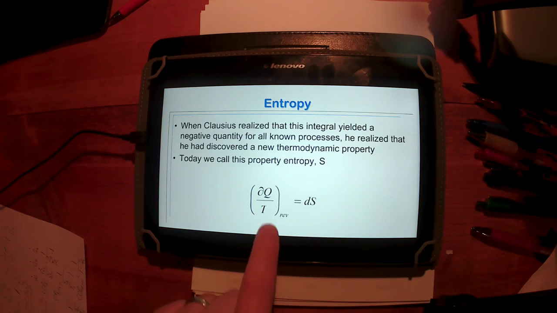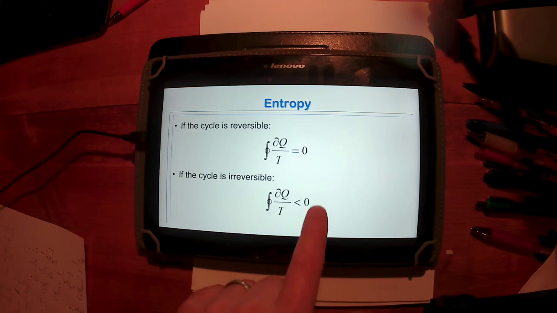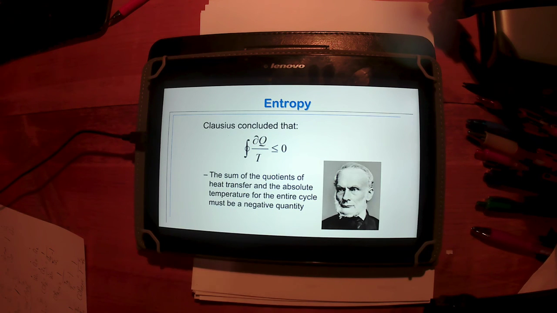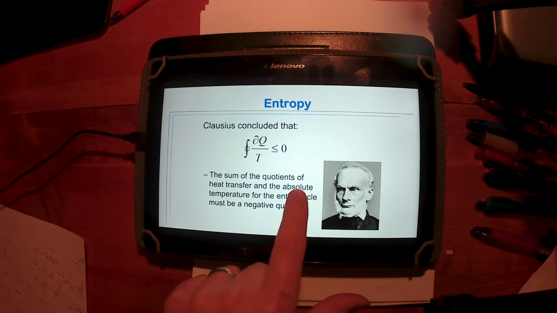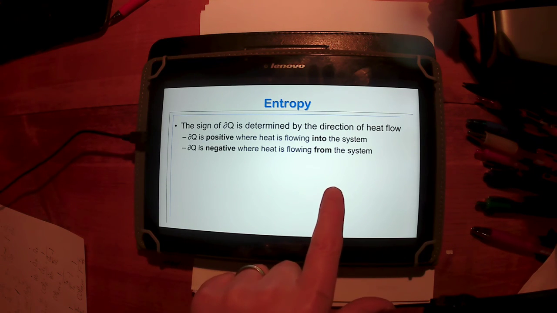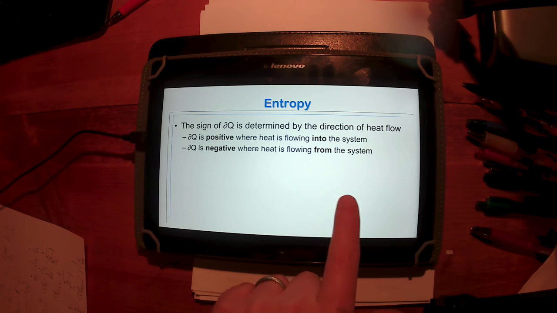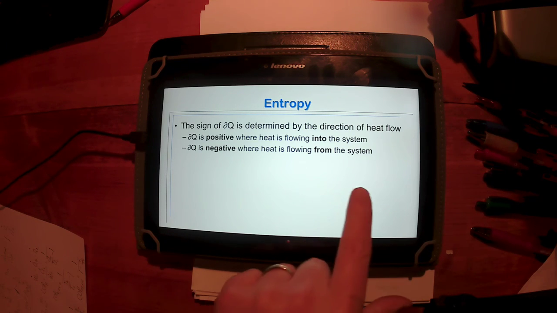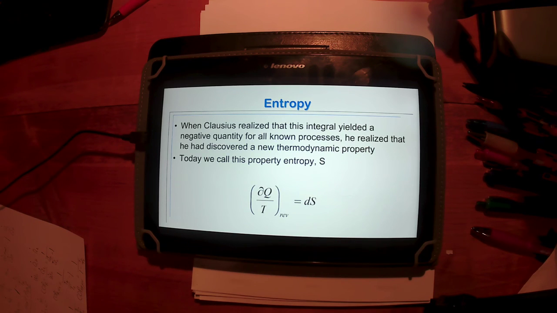Again, if I go back to the integral here, if you go around the cycle and add all the heat in divided by temperature, subtract all the heat out divided by temperature, the negative quantities will win out. They will have larger amounts because you're dividing by a lower temperature in theory. So it kind of sets a limit.